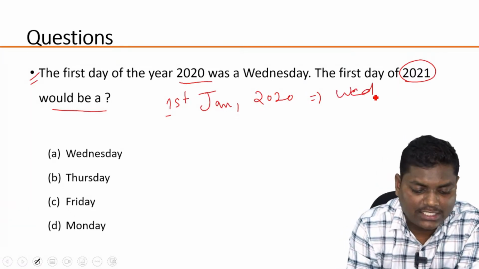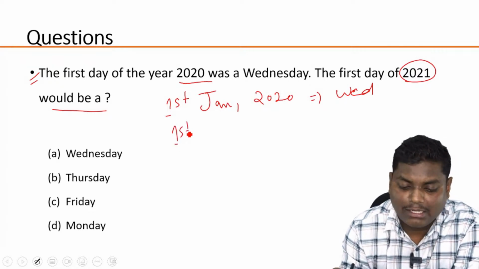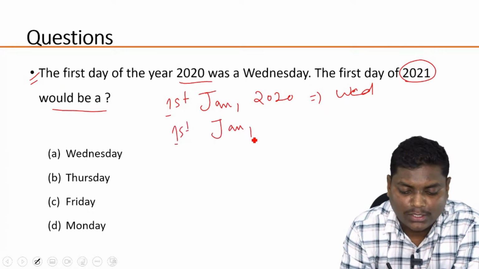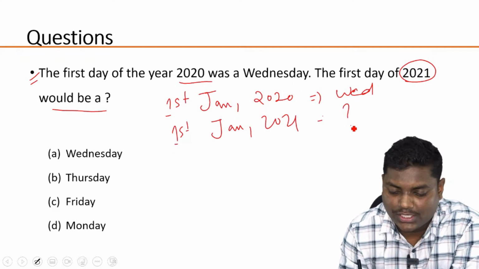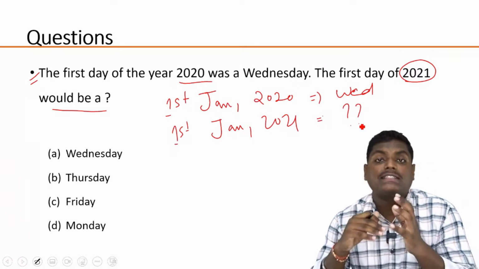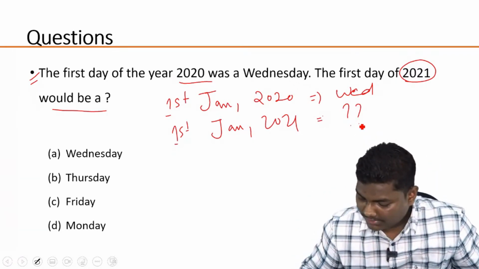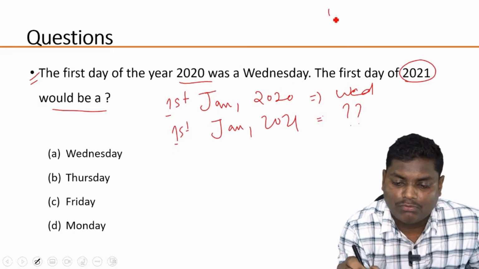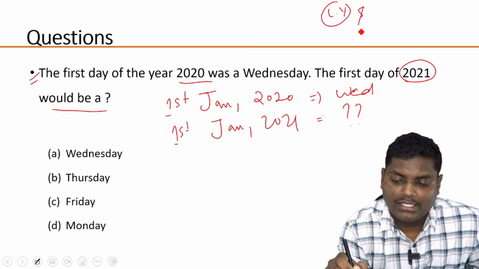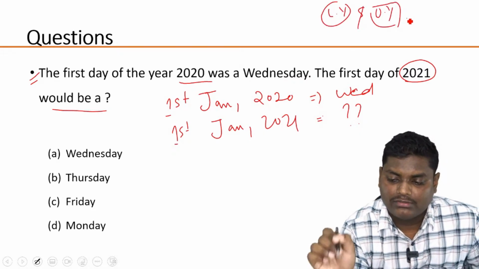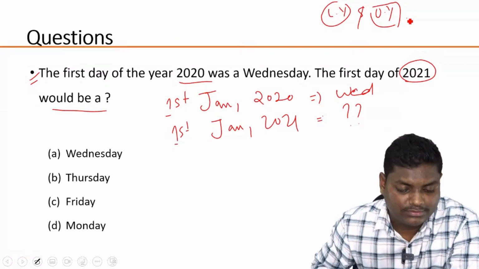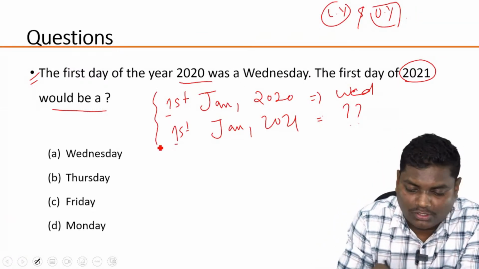It is asking us basically the first day of 2021. So 1st Jan 2021 will be which day? Try solving this using the same method of leap year and ordinary year. You can use that same concept.